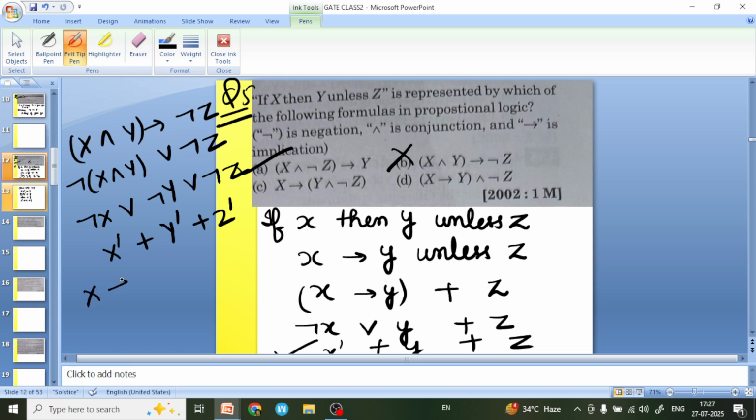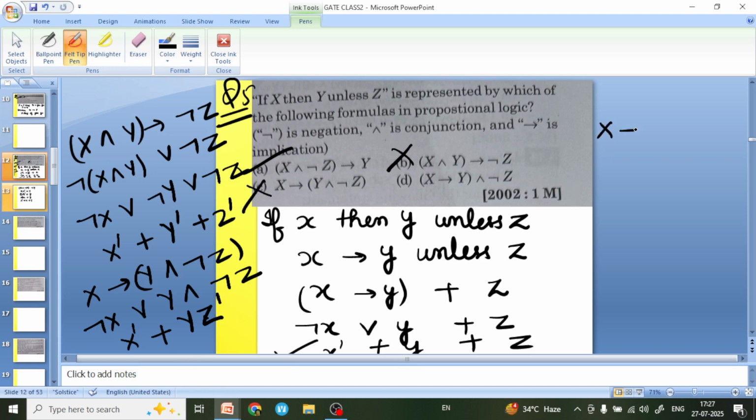And the next, X implies Y and not Z, not X or Y and not Z: X dash plus Y Z dash, it does not match, it's wrong.